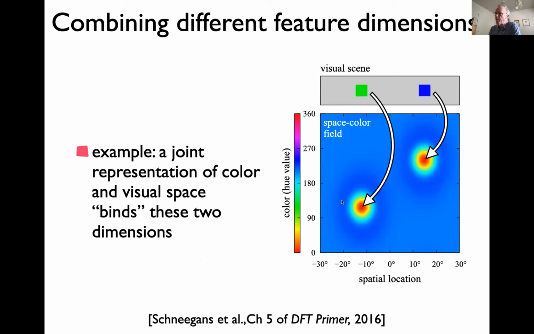So this, for instance, would be a representation of an anatomically bound or joint representation of color and visual space. Again, just 1 dimension. So if you have a 1-dimensional scene with color and location, that scene would be represented by a 2-dimensional pattern of activation, where the green object at this location makes a peak and the blue object at that location makes a peak. Right? Kind of trivial. It's the field version of that map.